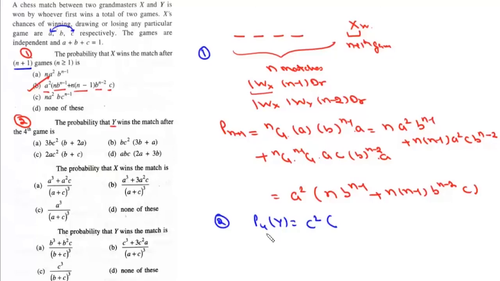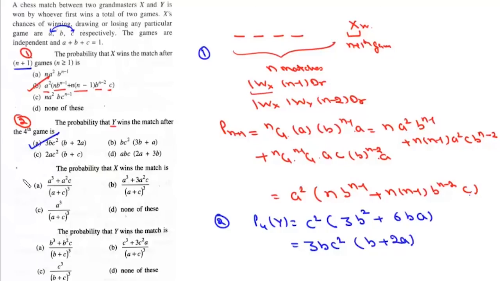Here the value of n should be 3, so it will be 3B square plus 6B, and then we interchange C with A, so it will be A. Taking 3B common, it will be 3BC square times B plus 2A, and that's your option A.